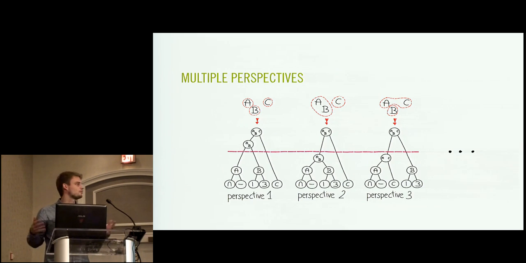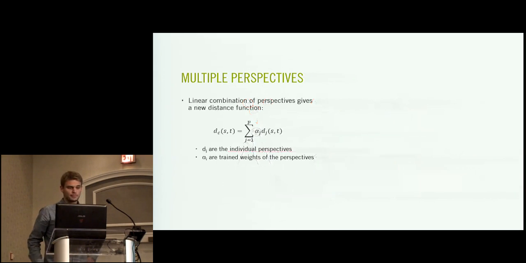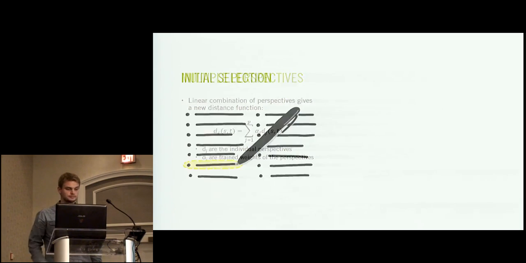But in practice, it's not always so straightforward. Often, we need to combine these perspectives together to obtain the desired result, which can vary from time to time, from case to case. So how we do it is that we define a new distance function, which is basically a linear combination of the distance functions from individual perspectives. And we need to find the coefficients of this linear combination.